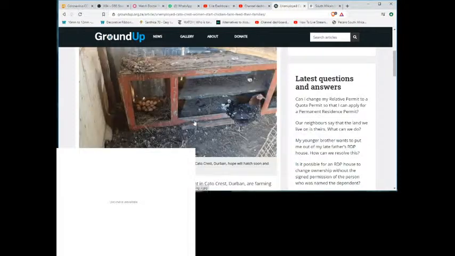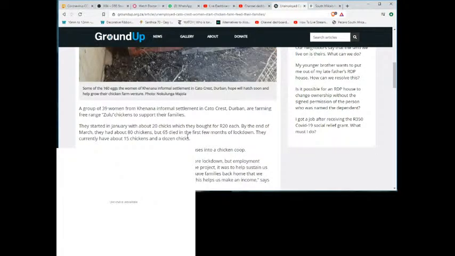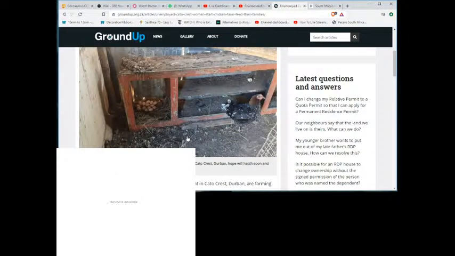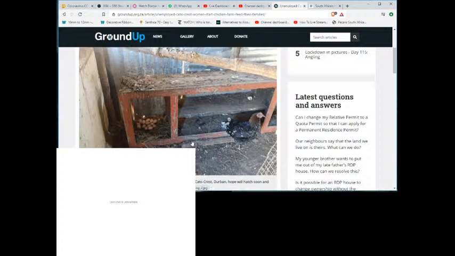They're buying a few chickens and they're getting eggs. They're making a business out of it. So there is your establishing point of view shot, because it's from the point of view of somebody who's standing in a shack in an informal settlement. There is the chicken, there are the eggs, and this is where they're kept.